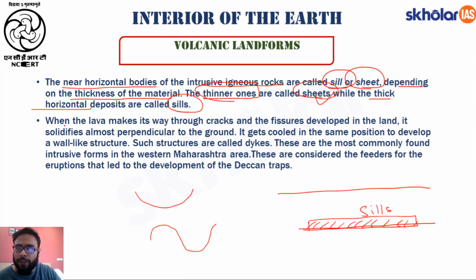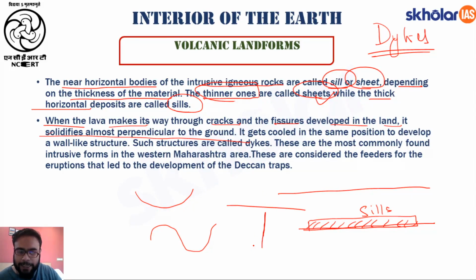Fine. Then another type of intrusive landform that we have is called your dikes. When the lava makes its way through cracks or fissures developed in the land, it solidifies almost perpendicular to the ground. So the difference between your sills and dikes is that sills get deposited horizontally, whereas your dikes get deposited vertically in this manner.